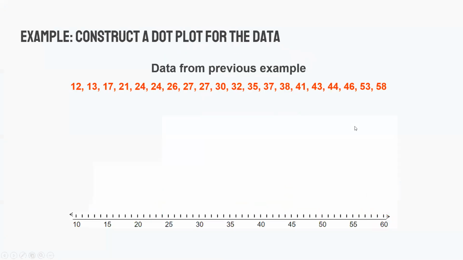All right, just real quick, this is from our previous example. I'm just gonna do the first couple so you can see one where the dots aren't put up here. This was the daily high temperature example. I have my number line here, starting at 10 and going to 60.